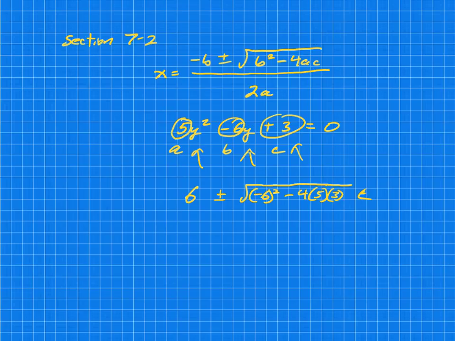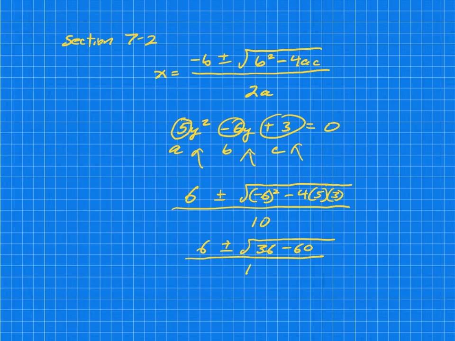So let's go on, and of course we have over 2a, which in this case is going to be 2 times 5 or 10. So simplifying, you get 6 plus or minus the square root of 36 minus, now 4 times 5 is 20, times 3 should be 60, again over 10.